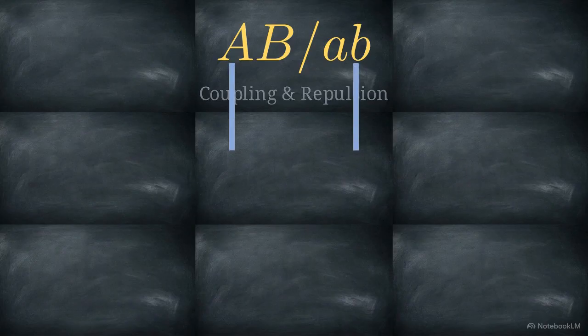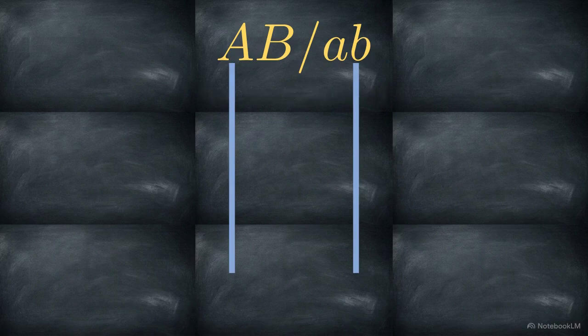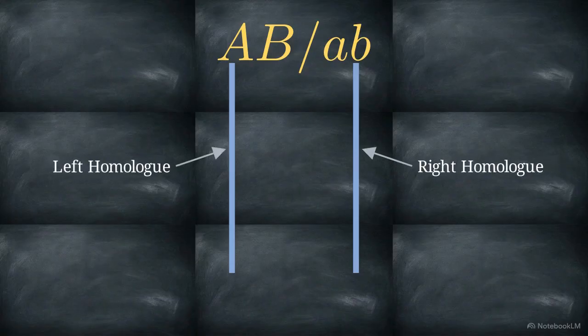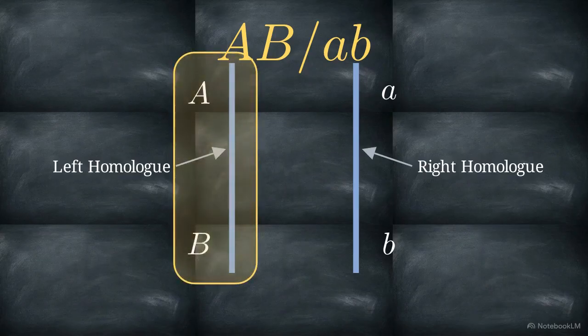These two vertical bars literally represent a pair of homologous chromosomes. We plot specific alleles on each side to show exactly what's sitting on the left homolog and what's on the right homolog. To successfully solve a linkage problem on your test, you must map the physical reality of the alleles. You have to know which alleles share the exact same chromosome.